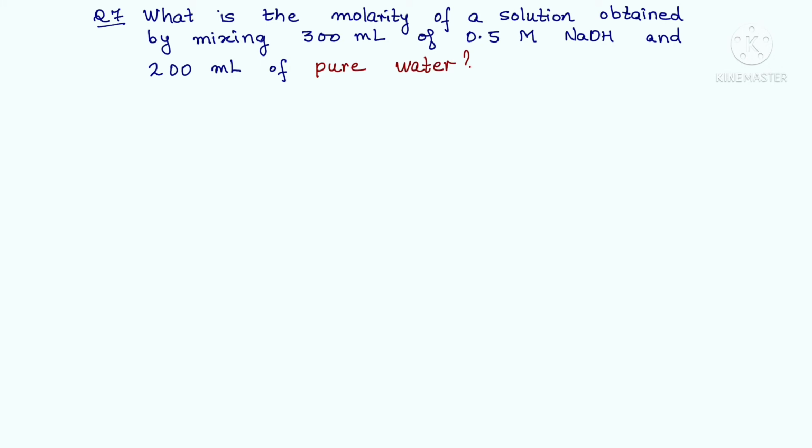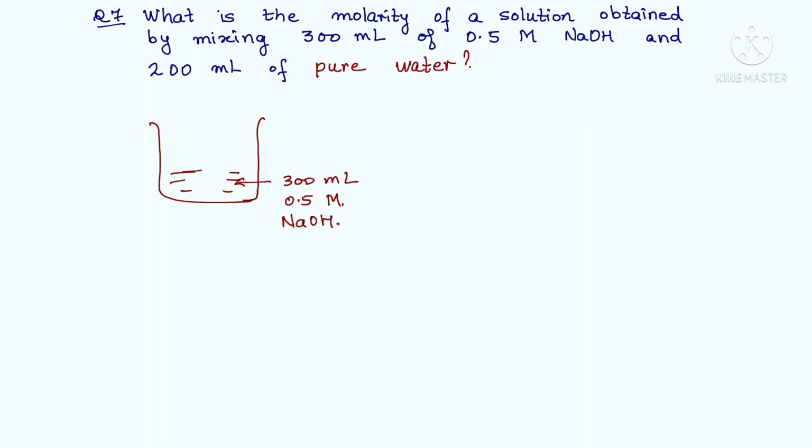Think about it. You've already been given molarity, but you are again being asked to find out the molarity of this solution. Then what is this molarity of? What it says is that you've already got a 300 ml solution of NaOH. It's a solution which has a molarity of 0.5 molar NaOH.